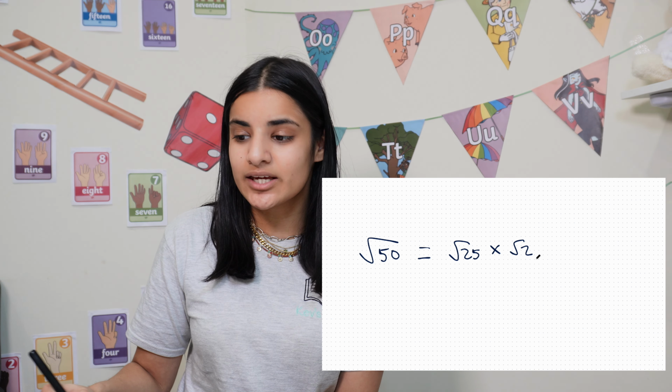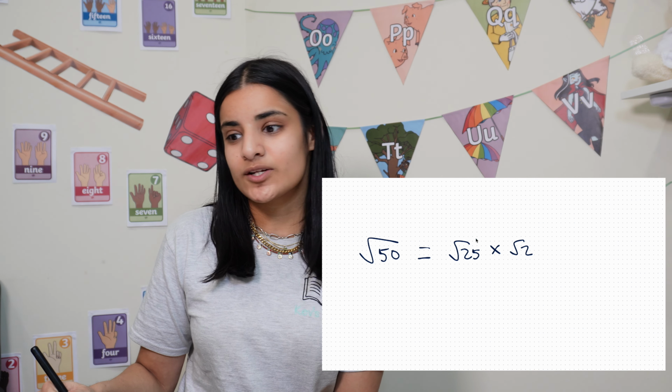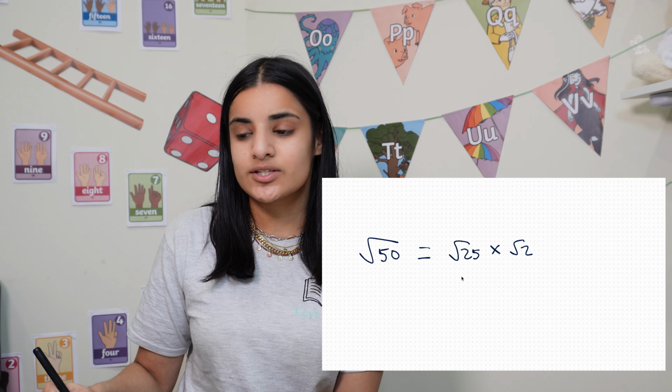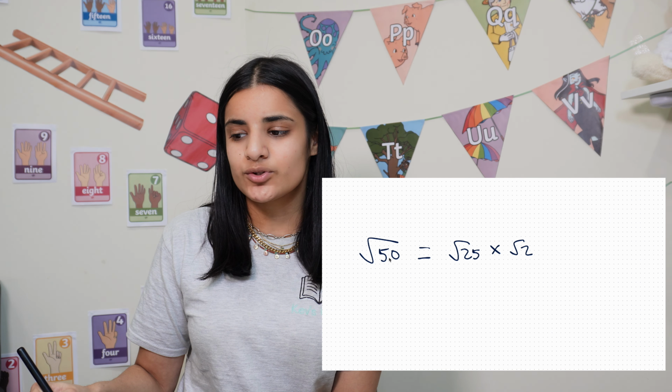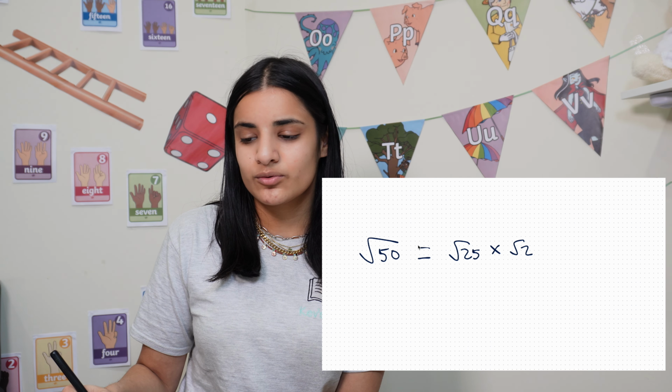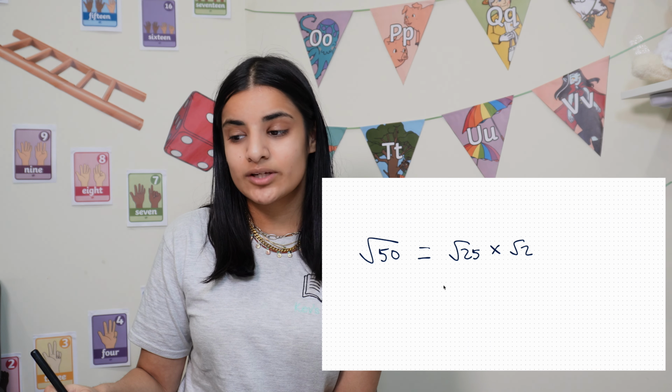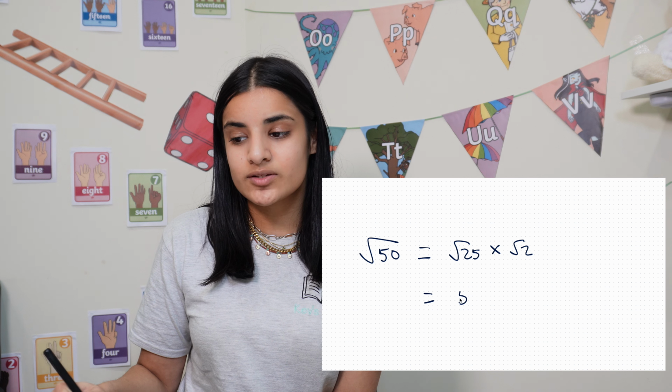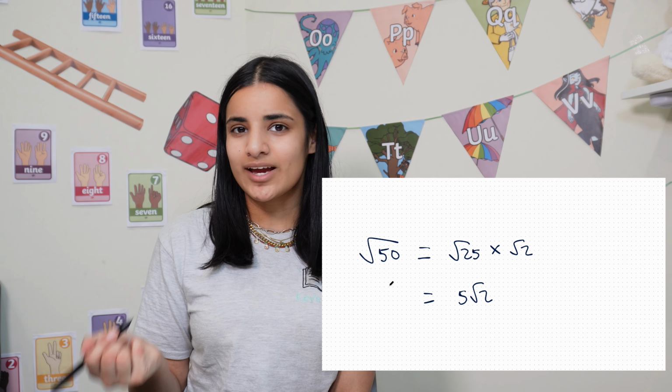Now, root 25 is my perfect square, as it simplifies to 5, whereas root 2, you guessed it, is a surd and it cannot be simplified. So root 50 simplifies to root 25 times root 2, which further simplifies to 5 root 2. And there you go. That's how you simplify a surd.